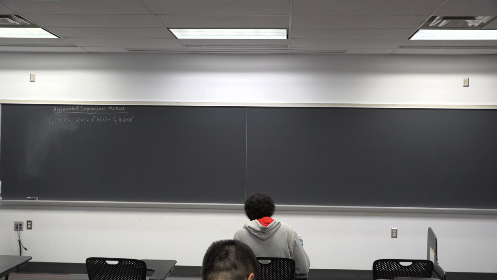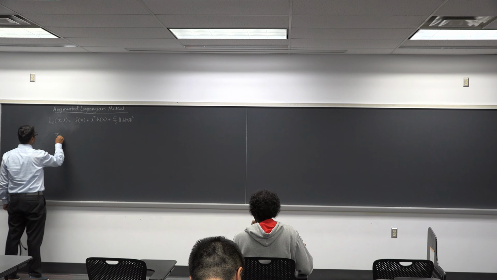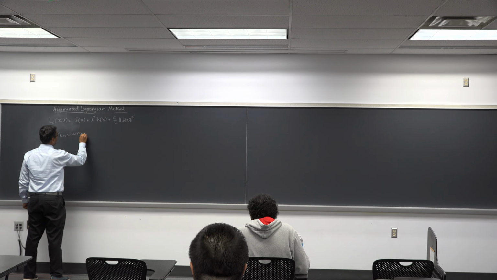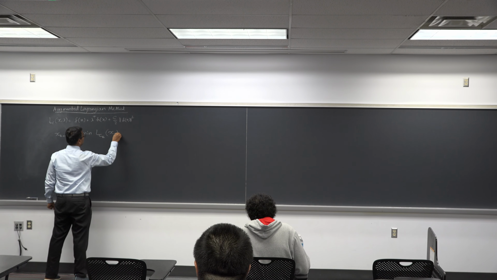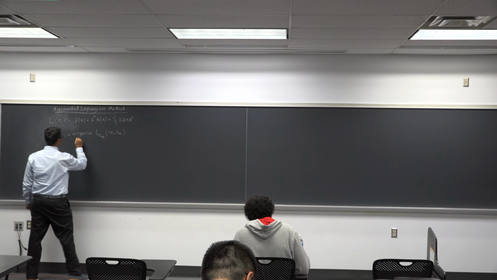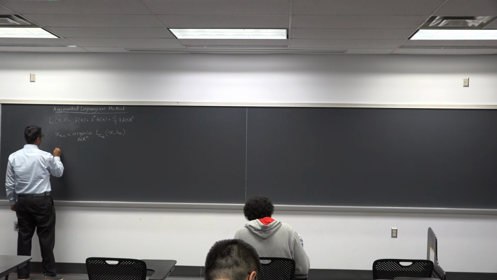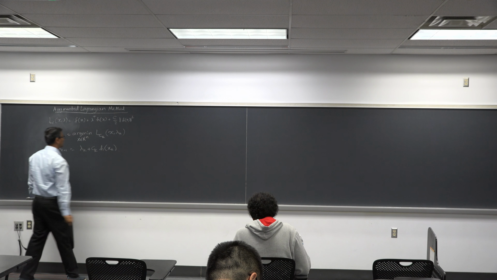One of the methods that we talked about towards the end of the previous lecture is the following update: x_{k+1} equals argmin of L_c(x, lambda_k) over x in R^n, and lambda_{k+1} equals lambda_k plus c h(x_k).